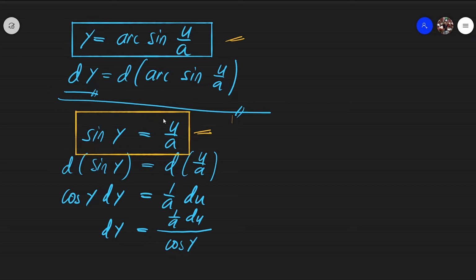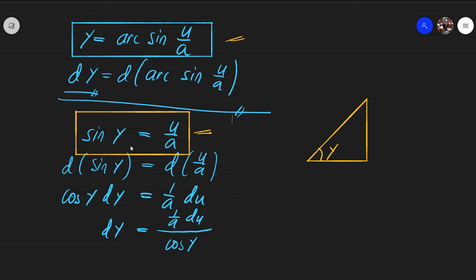You can draw a right triangle here, and the angle, the argument of the trigonometric function sine, is y. So we put y here.